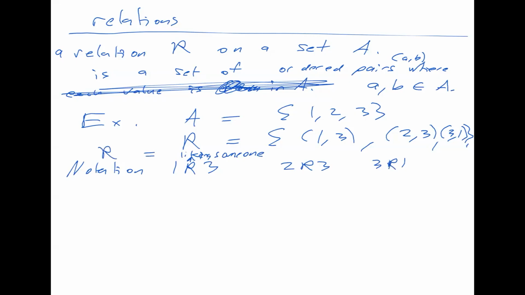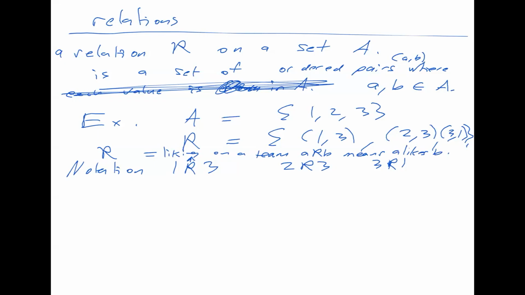Let's just say R is who likes each other on a certain team, where if (a, b) is in the set, that means that a likes b. So R equals liking on a team, where (a, b) means a likes b.